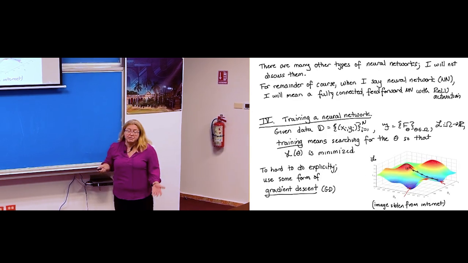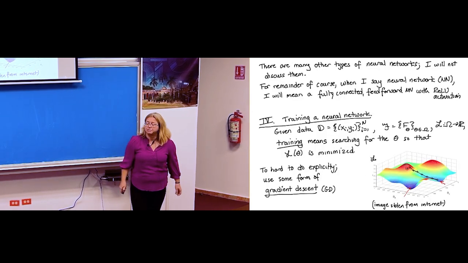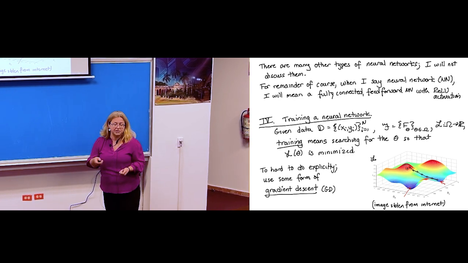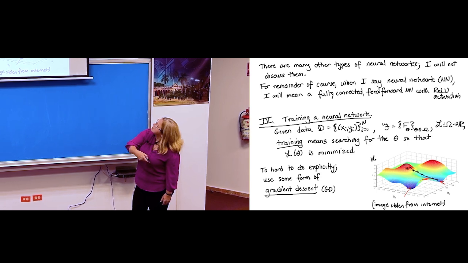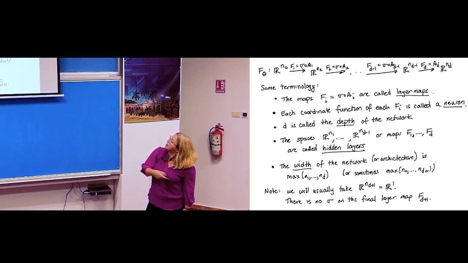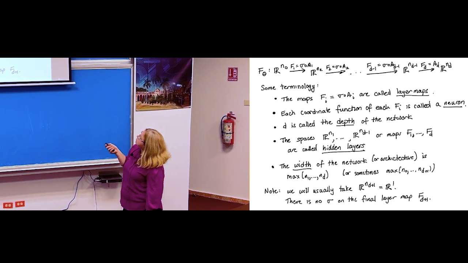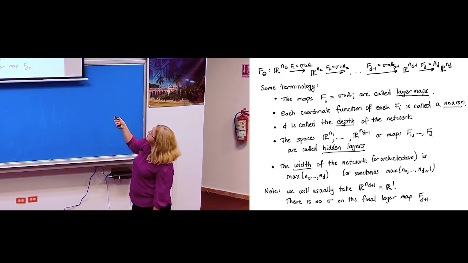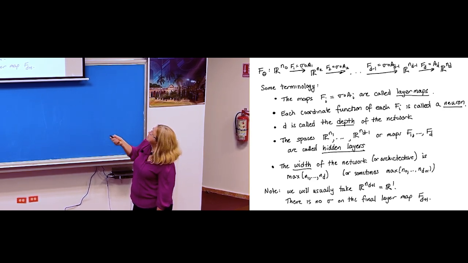Okay, so there are many other types of neural networks. You can change exactly what the definition of one of those little maps is. I think I skipped a slide. Let me go back. So I just copied the structure of our family of networks here, and I just wanted to tell you some terminology.